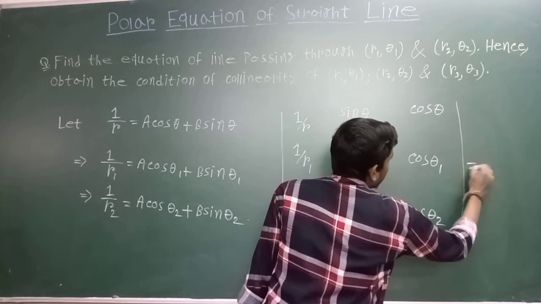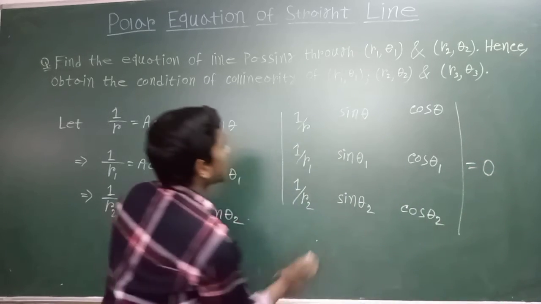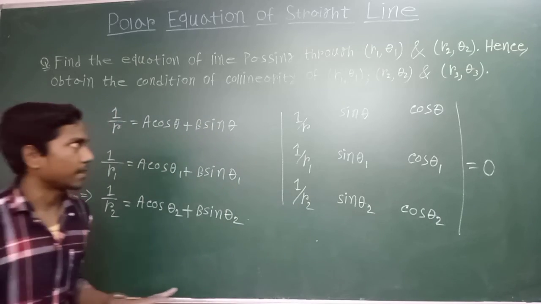This determinant equals 0. This is the required equation of the straight line.